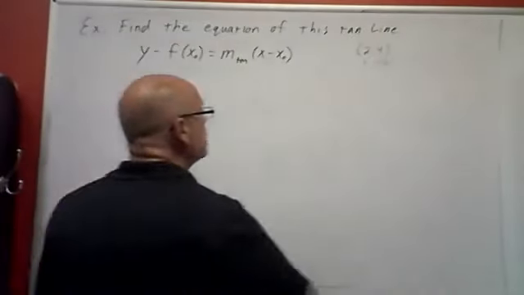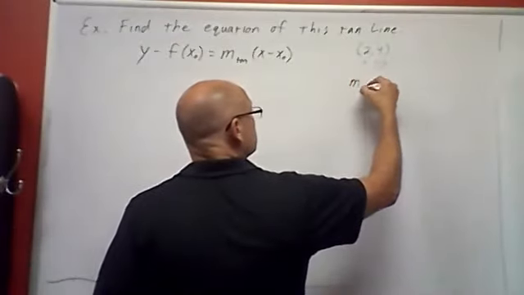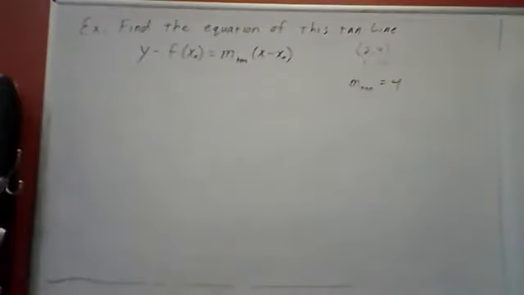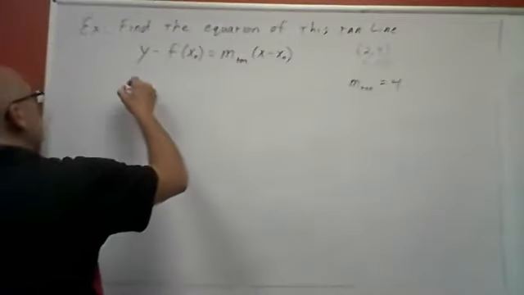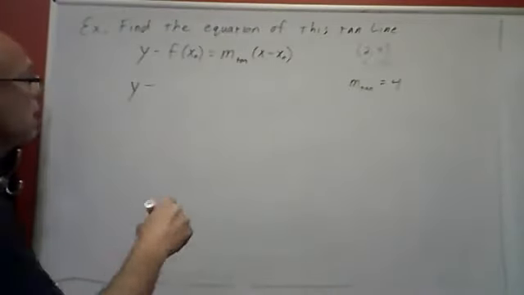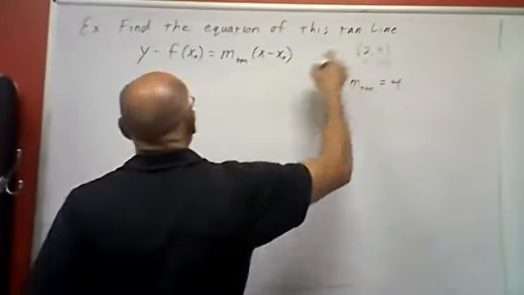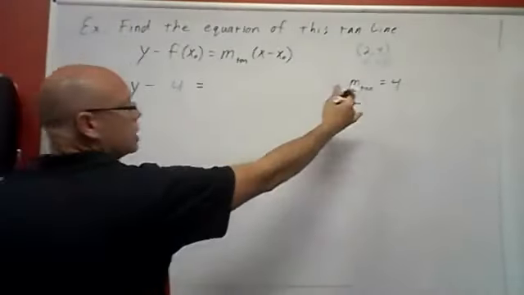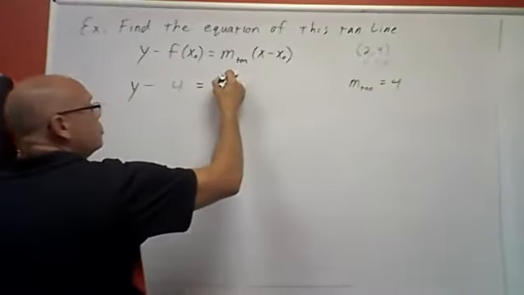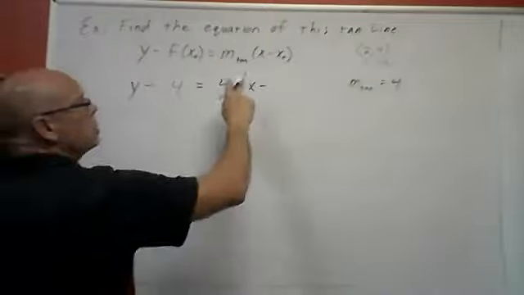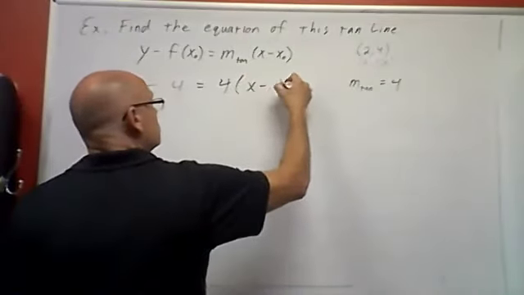We calculated m tan to be 4, right? So let's sub in. We have y minus f of x naught. What's f of x naught? 4 is equal to m tan, which we said was what? 4 times x minus, what's x naught? 2.